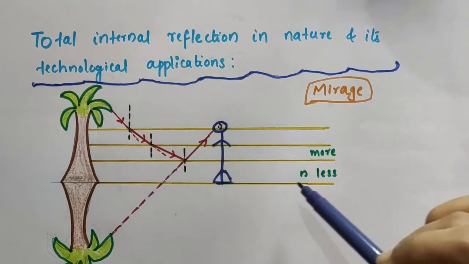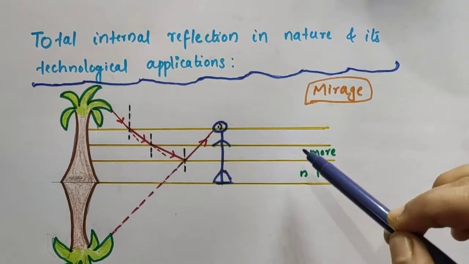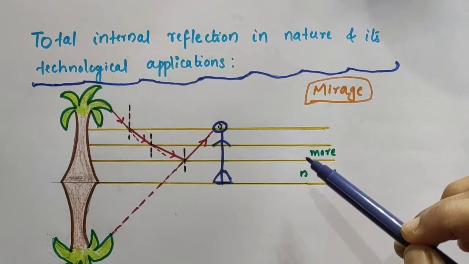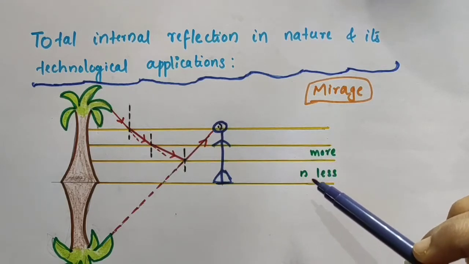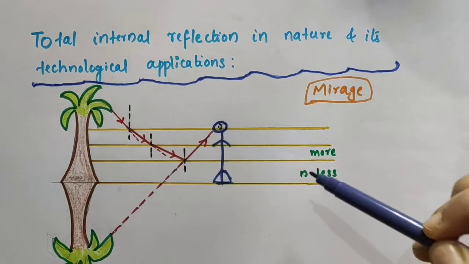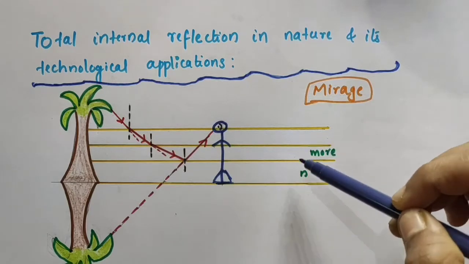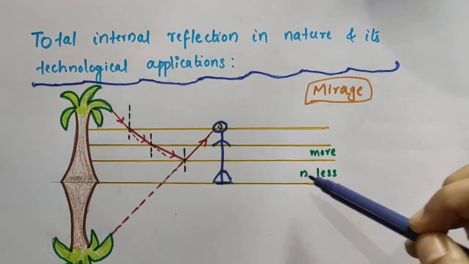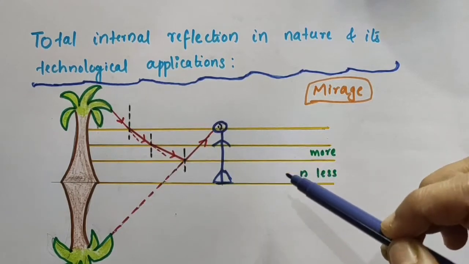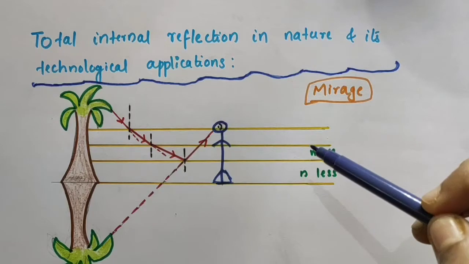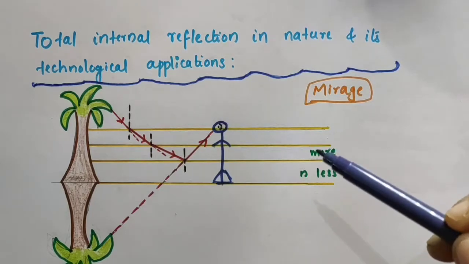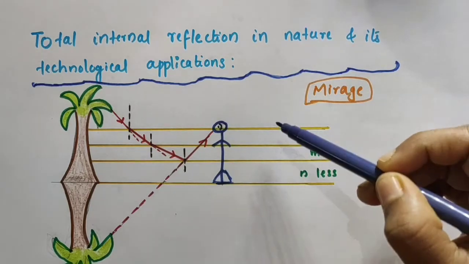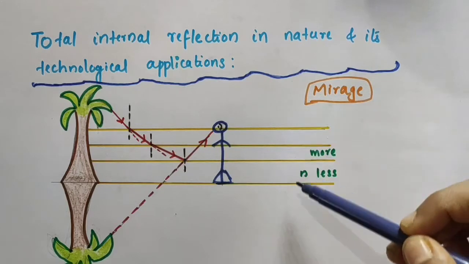That is, optical density at different layers of air increases with height because refractive index increases with height. So obviously the optical density of each layer of air also increases with height. Or we can say that if we move from top to bottom, the refractive index decreases.